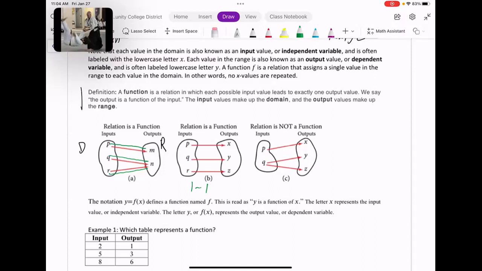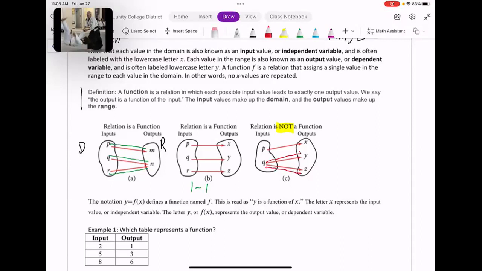And this relation here is not a function, to be clear, definitely not a function. And we know that because we have this domain value being mapped to two different values.